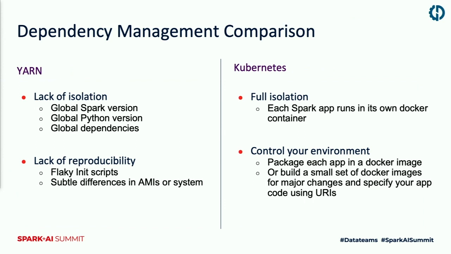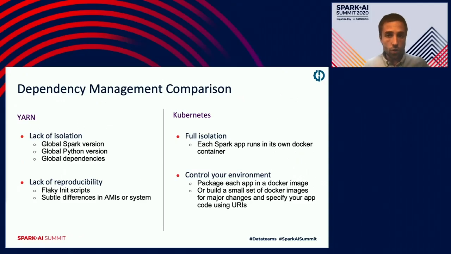So the last core concept I want to explain is around dependency management and containerization. On Yarn, you often have a shared Spark cluster where you run multiple apps concurrently. Usually you do this for cost reasons, but then you have to trade off on isolation.